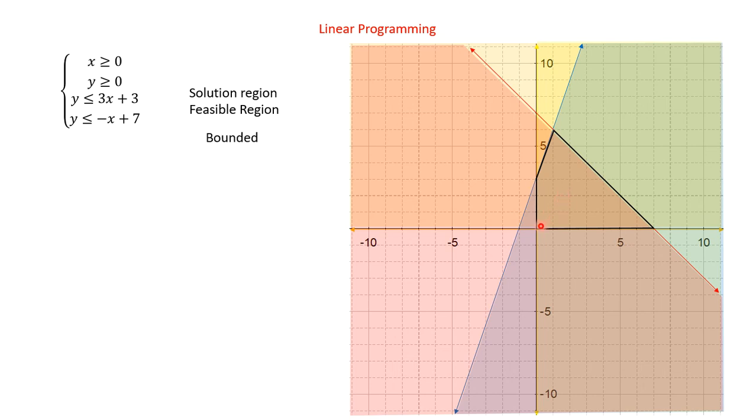And this is a bounded region because it's completely closed in. An unbounded region would be, say, this greenish one right here, where it just keeps going off into infinity. So bounded means it's entirely closed in. Unbounded means that it could keep going. Most of what we'll be working with are bounded, but not necessarily.